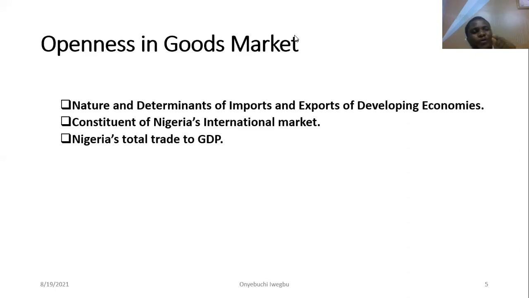Okay, but for openness in the goods market, we are looking at import and export, and we ask ourselves: what are the determinants of import and export? There are two major determinants of both.